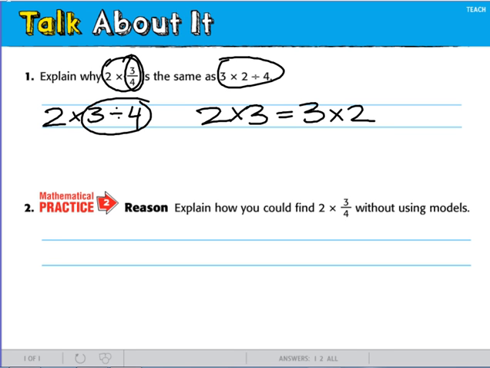Because 3 times 2 is 6, and 2 times 3 is 6. And I know the order of operations says that when doing multiplication and division, you go from left to right. So I'm going to multiply first.